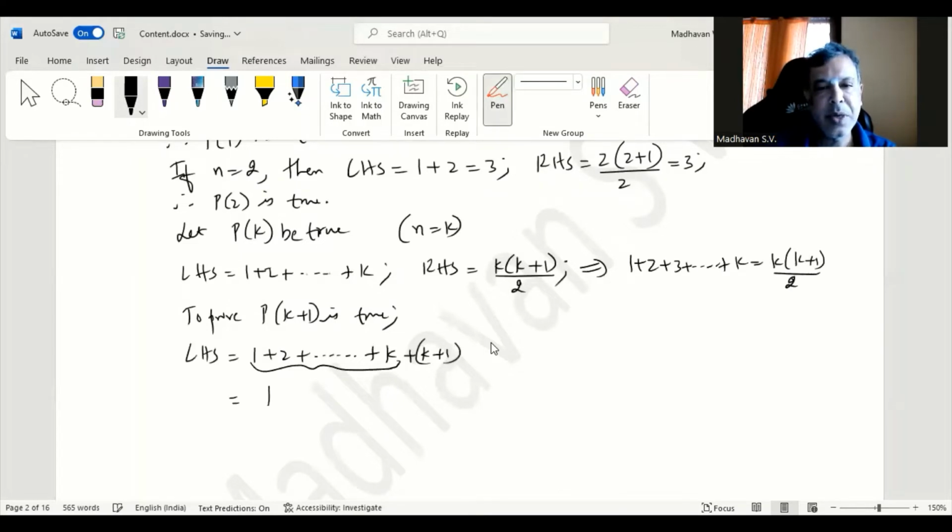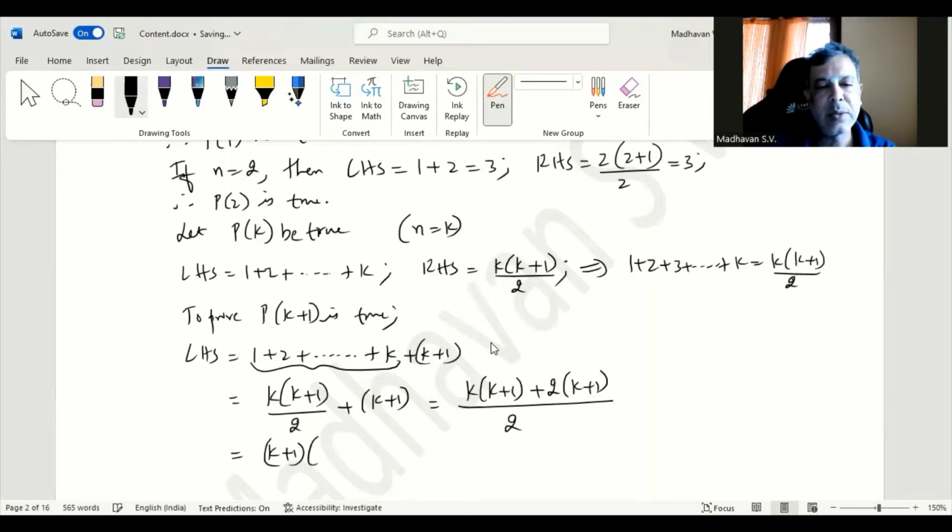So that can be substituted here: k into k plus 1 divided by 2, plus k plus 1. Now the LCM is 2. We can rewrite this as k into k plus 1 plus 2 times k plus 1. In the numerator, the common factor is k plus 1, so we can take that outside. Inside we will have k plus 2, divided by 2.